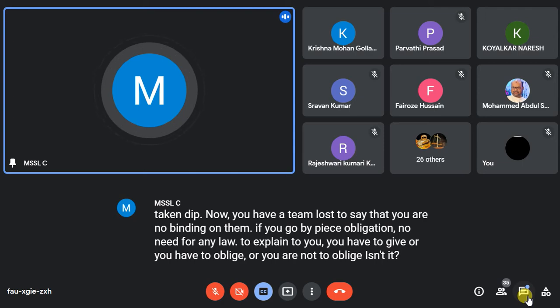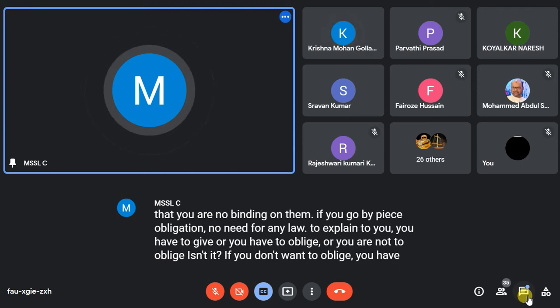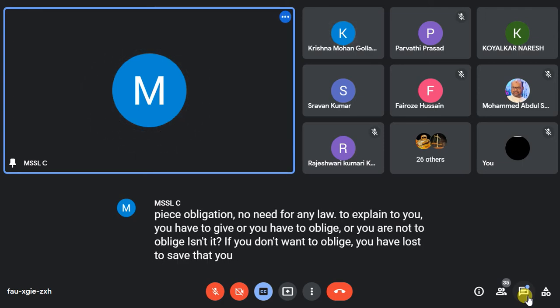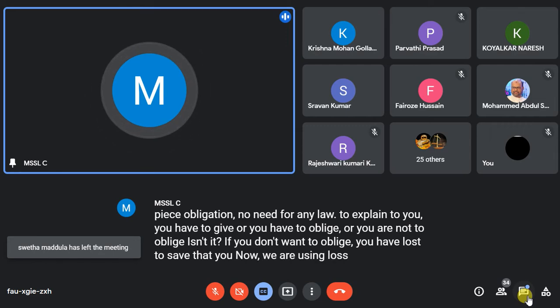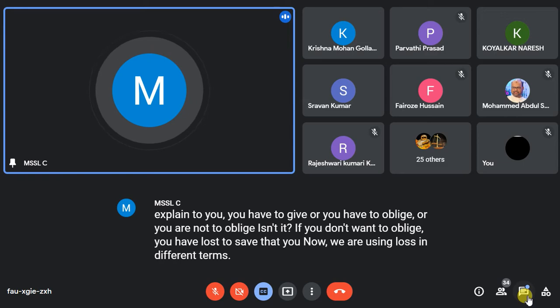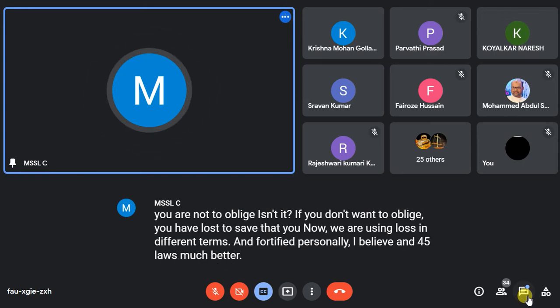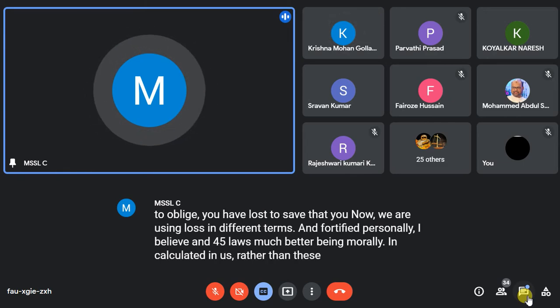If you don't want to oblige, you have laws to safeguard you. Now we are using laws in different terms. Personally, I believe uncodified law was much better, being morally inculcated in us rather than these laws which we learn.